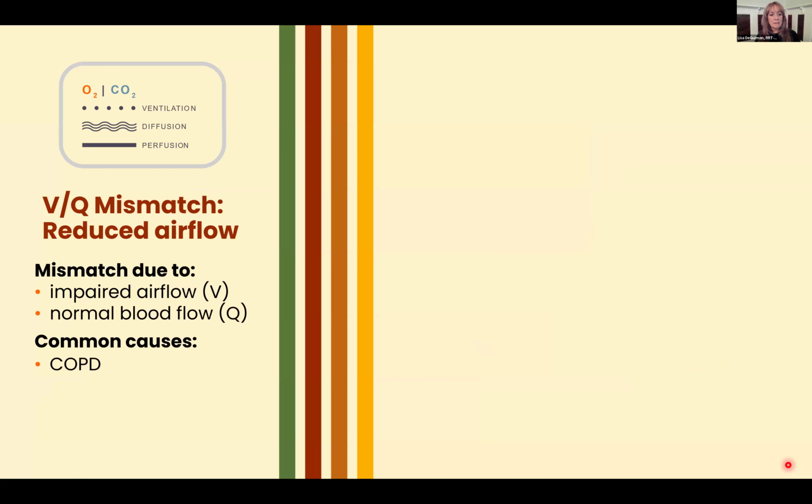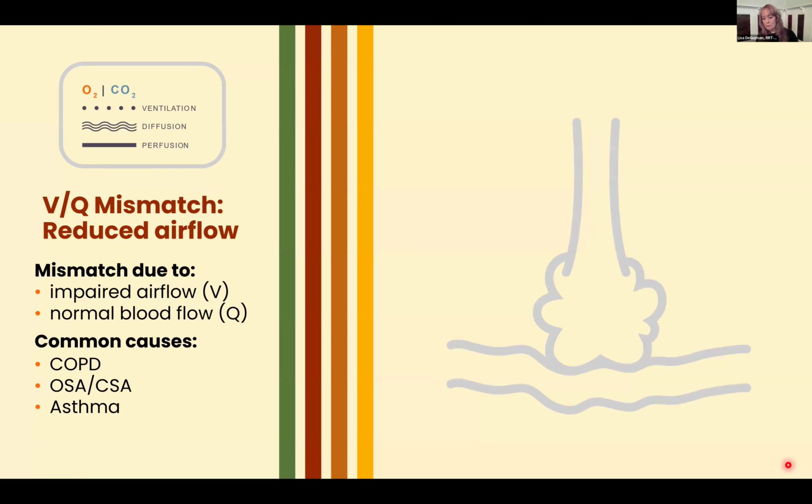For this one, we have VQ mismatch. We're looking at some reduced flow. We have some impaired flow, not a complete issue, and we have normal blood flow. A patient may have COPD, maybe some OSA. That's not every minute of every day, not even every minute of every night, but they may have REM-based OSA.